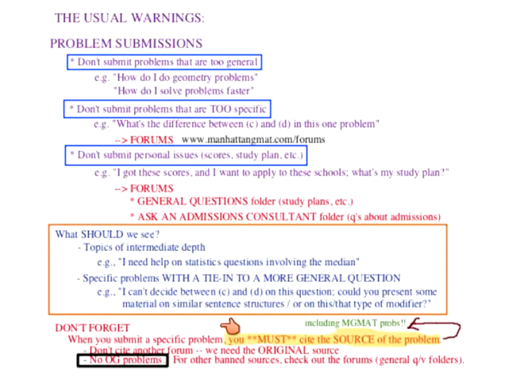What you should submit is topics that are intermediate in depth, and if you submit specific questions, they should tie into more general questions. So here are some submissions from the past couple of weeks that we can't use, just in case any of you are in the audience right now.